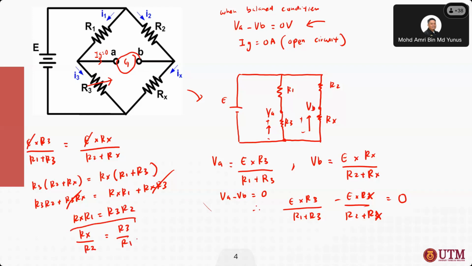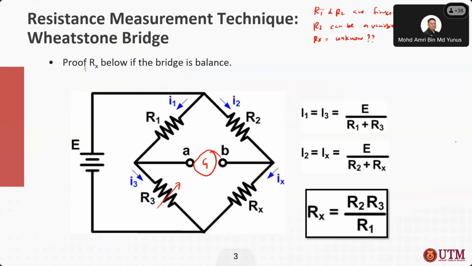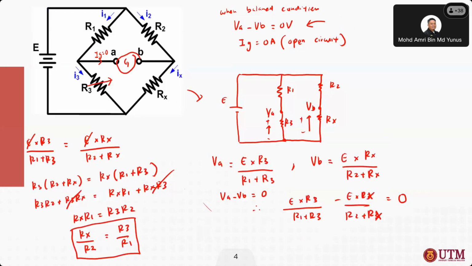So this is how we can find the relationship when the circuit is in balance condition.